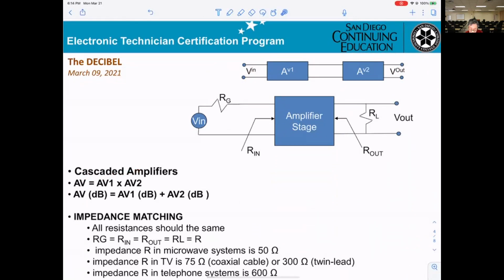So if you have gains A1 and A2, and you want to calculate the total gain numerically, you use the formula: total gain equals AV1 times AV2. However, if you want to calculate in decibels, then the formula will be AV in dB equals AV1 plus AV2. So not multiply, they have to be added.